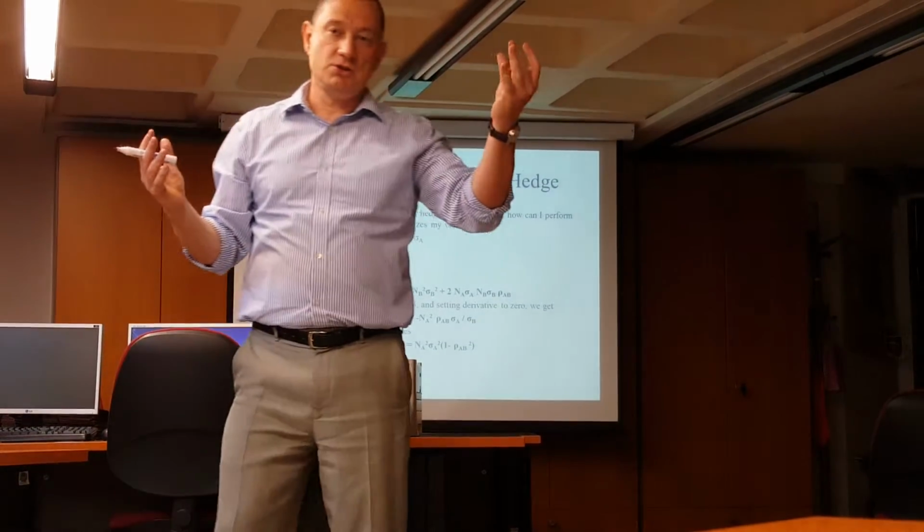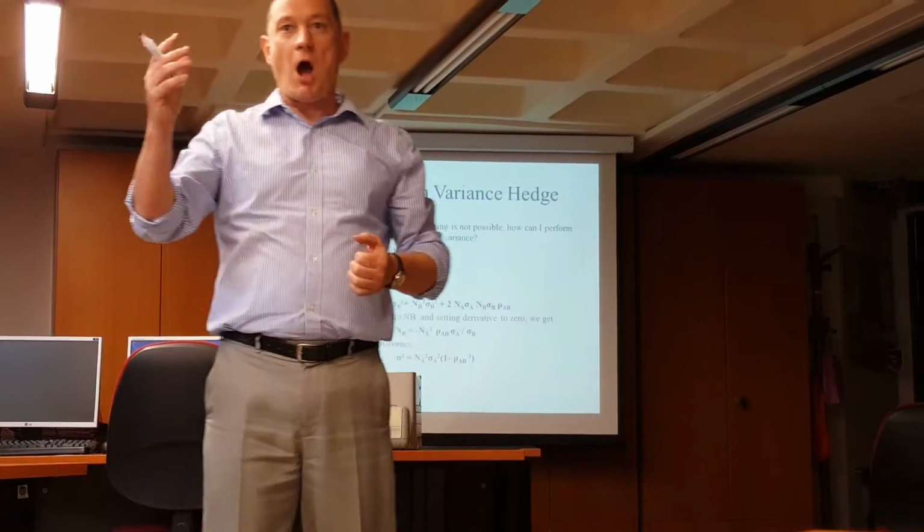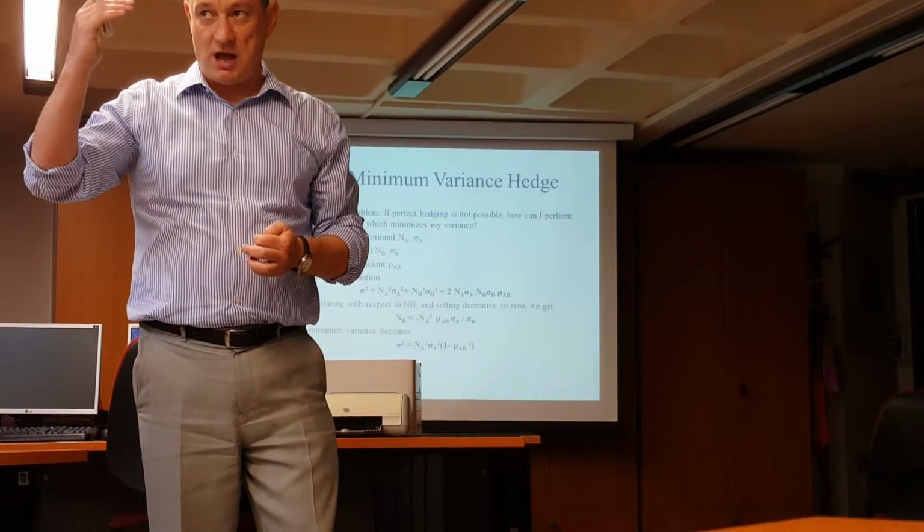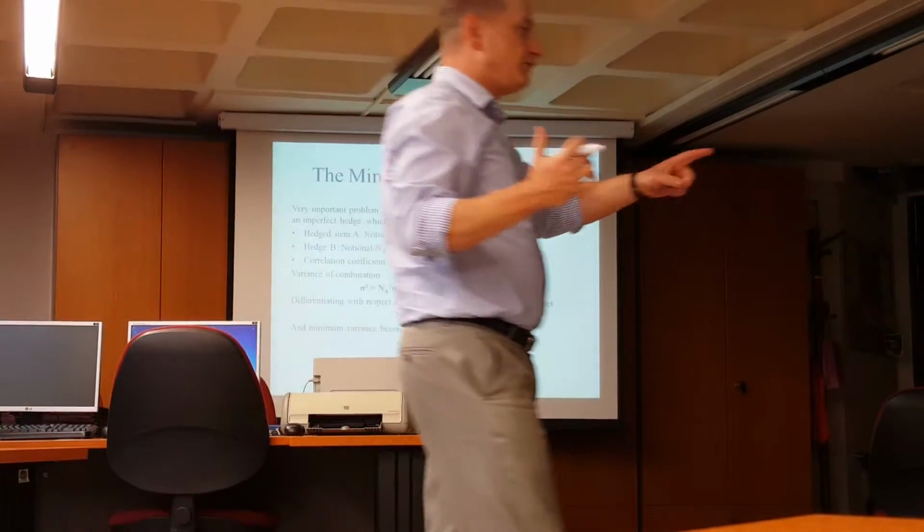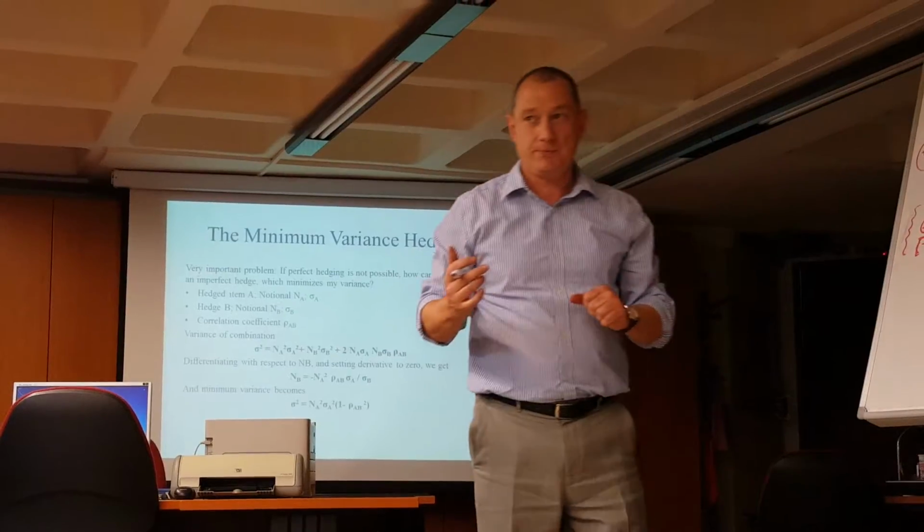My bond notional is 100 million. How big should my swap notional have to be in order to perform a minimum variance hedge?